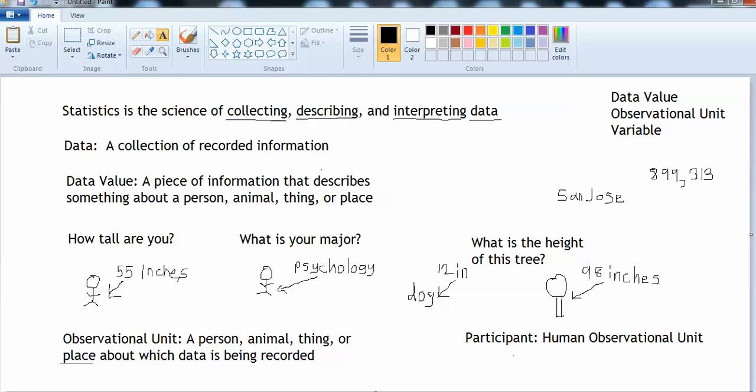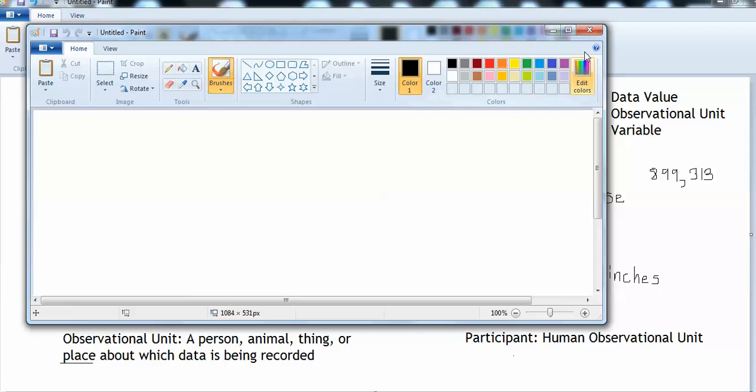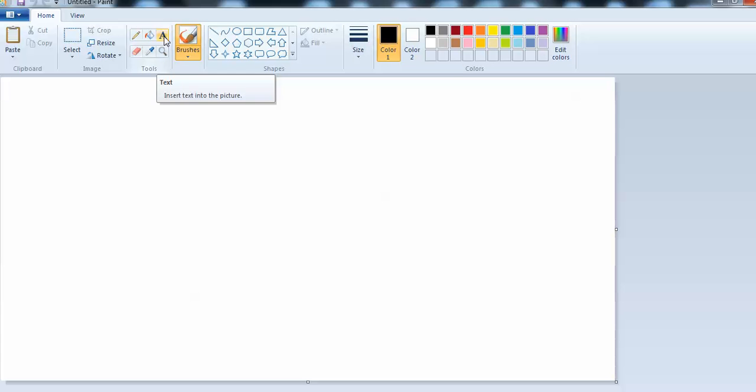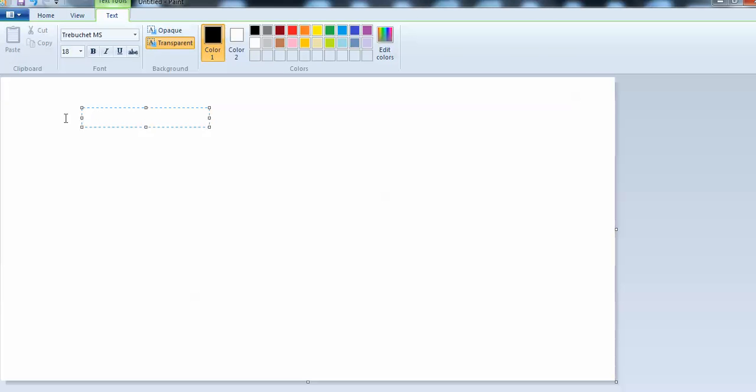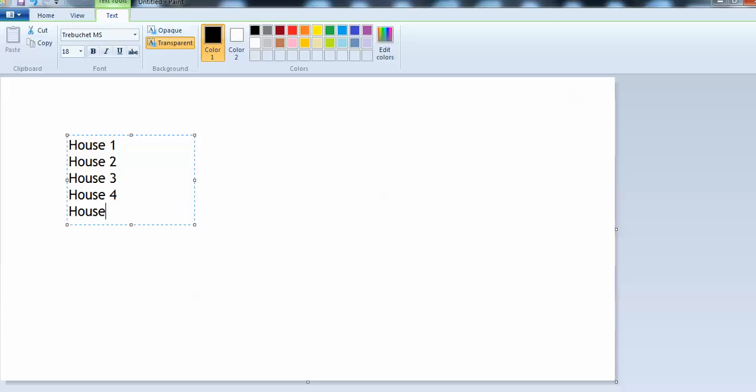So what if we want to record some data? What if we record the prices of 5 houses, and we'll call them House 1, House 2, House 3, House 4, and House 5.